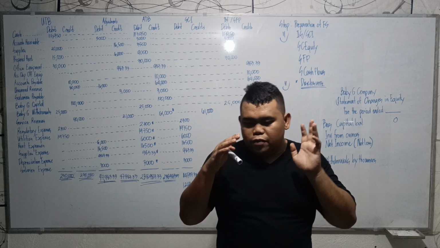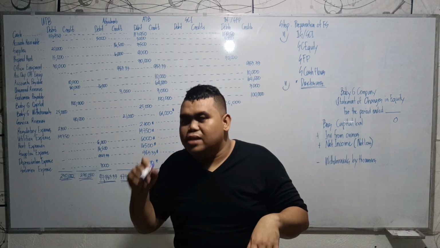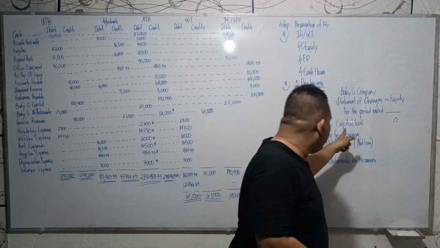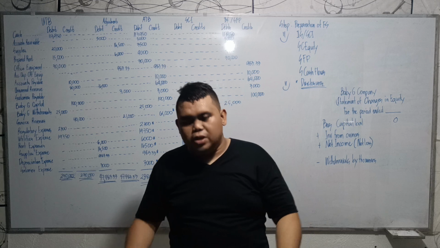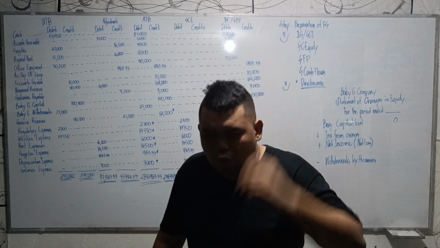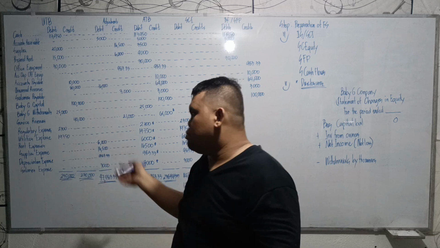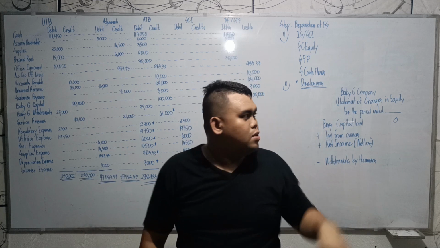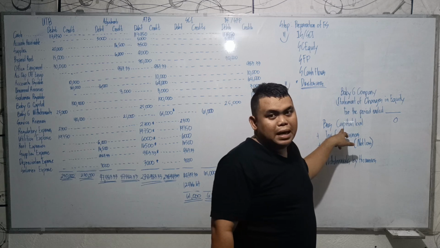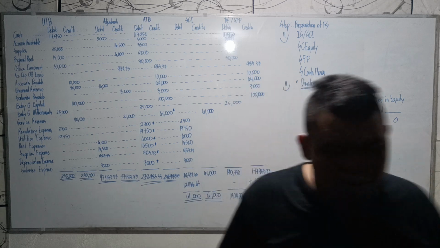So, if ever it has started already in the past, the ending capital balance in the last year will become the beginning capital balance for this year. Okay? But since in our comprehensive problem, we started only this year or this period, which is why we have business permits and registrations and etc. So, basically, the beginning capital balance for this comprehensive problem that we have is 0. Okay?